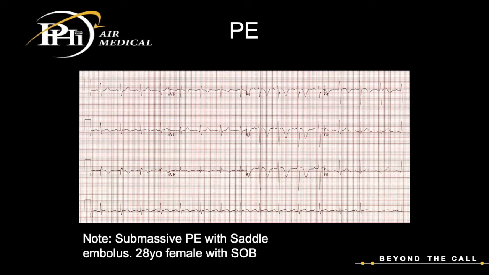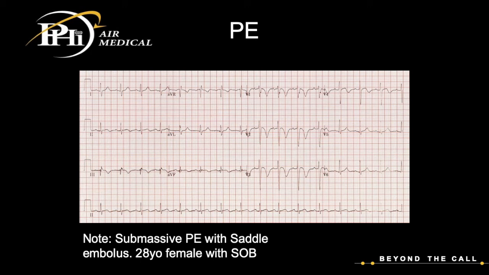This is a repeat of a 12 lead that we looked at just a little while ago. We see that this female has a sinus rhythm at a rate of just under 100, probably about 95 or so. We have a little bit of a rightward axis. I don't see any disqualifiers. I see those massive flipped T waves in V1 through V4, as well as flipped T waves in 2, 3, and aVF.